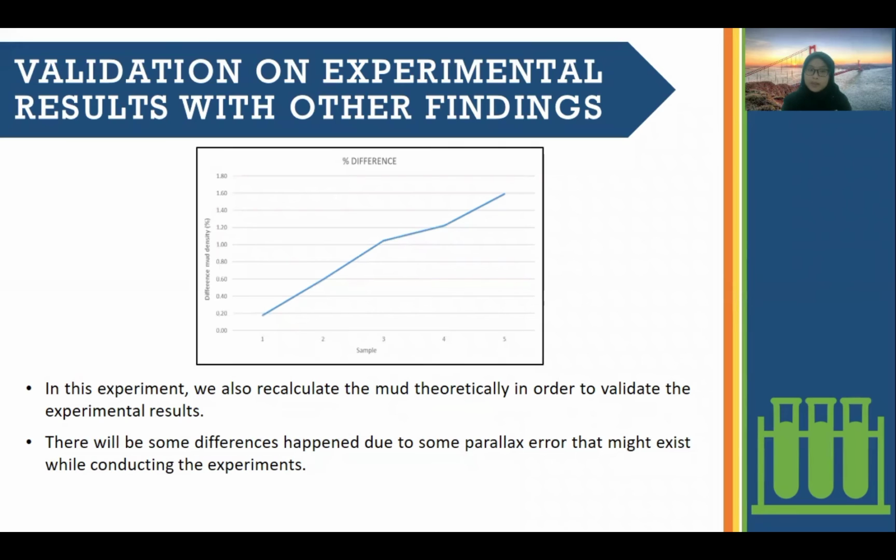Next, I will explain the validation of the experimental results with other findings. In this experiment, we also recalculated the mud density theoretically in order to validate the experimental results. There will be some differences due to parallax error that might exist while conducting the experiment.